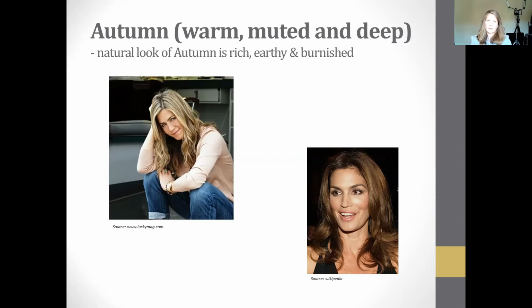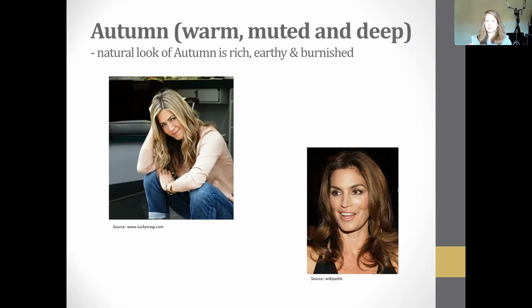And a natural look for somebody who sits in the autumn season of colours is that rich, earthy and burnished sort of look. So we've got Jennifer Aniston there, and also Cindy Crawford. As you can see with Cindy, she's got the chestnut brown hair, her eyebrows and her eye colour.